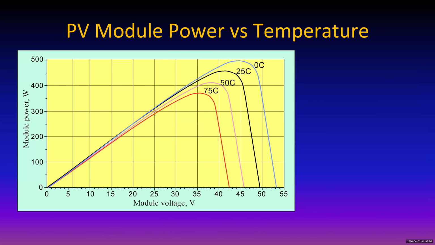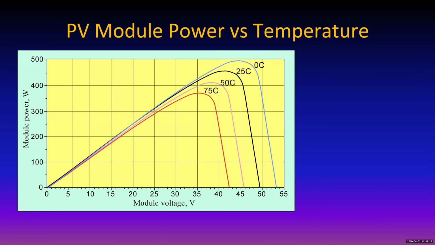Okay, temperature is an important factor as well. Notice that the colder the module gets, the more power it can produce. Why is this? Well, there are some very interesting physics reasons, but the important thing is to notice that, first of all, as the module gets colder, its voltage goes up.